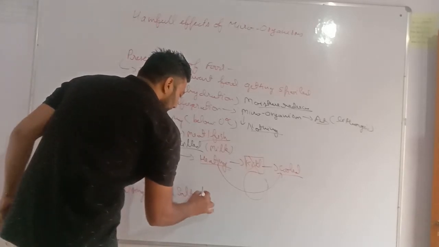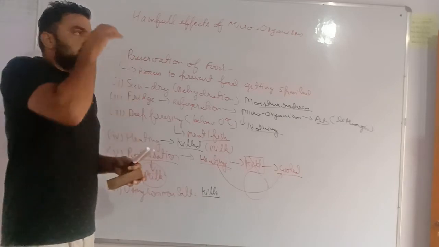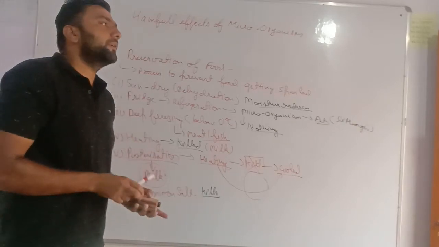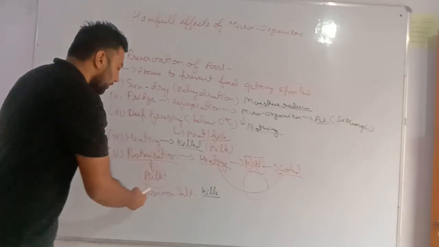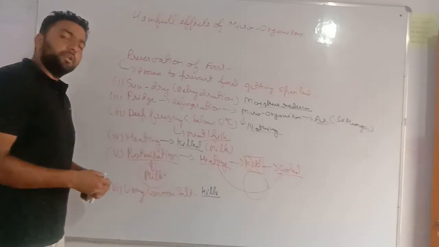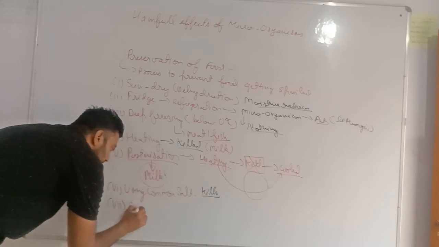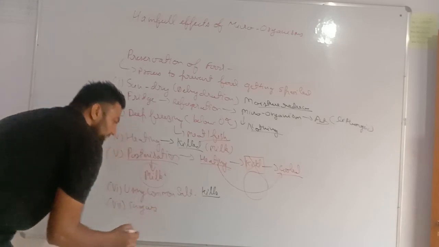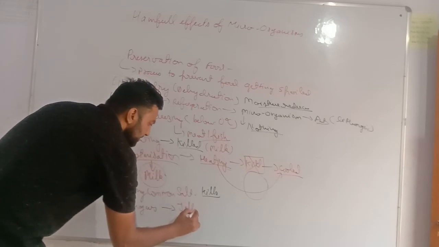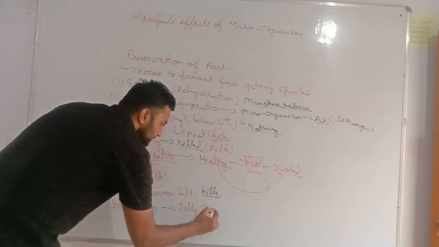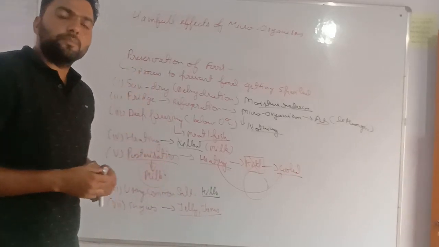Most important, whenever our mothers are preparing or sun drying anything, she always uses common salt. Even sugar is also used for preservation, especially in the form of jellies and jams. Jams and jellies of fruits have sugar added.